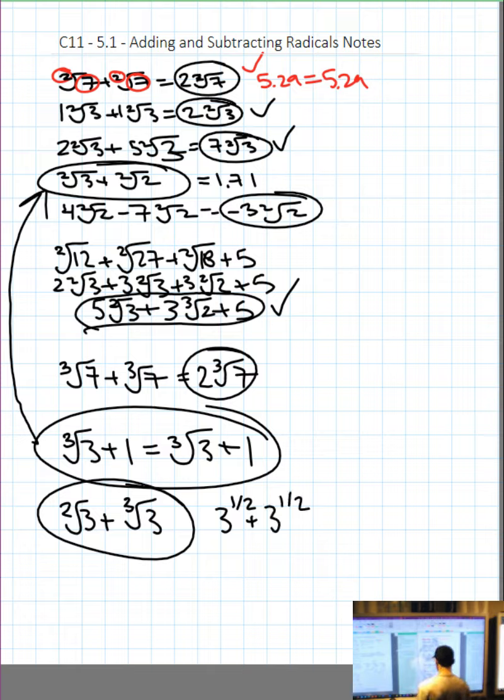Well, what's that? Well, type in your calculator. 3 to the 1/2 or root 3 plus 3 to the 1/2 or root 3 is equal to 3.46. Is that right? Well, 3 to the 1/2 plus 3 to the 1/2 equals 3.46.